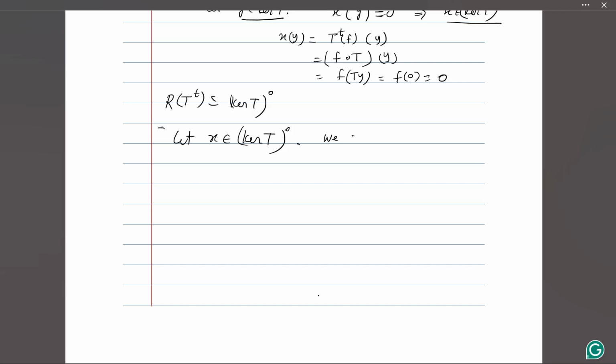We want to see if there exists some F in W star such that T transpose F is equal to this X. So X belongs to kernel T annihilator. Then X evaluated at Y equals 0 for every Y in kernel T.